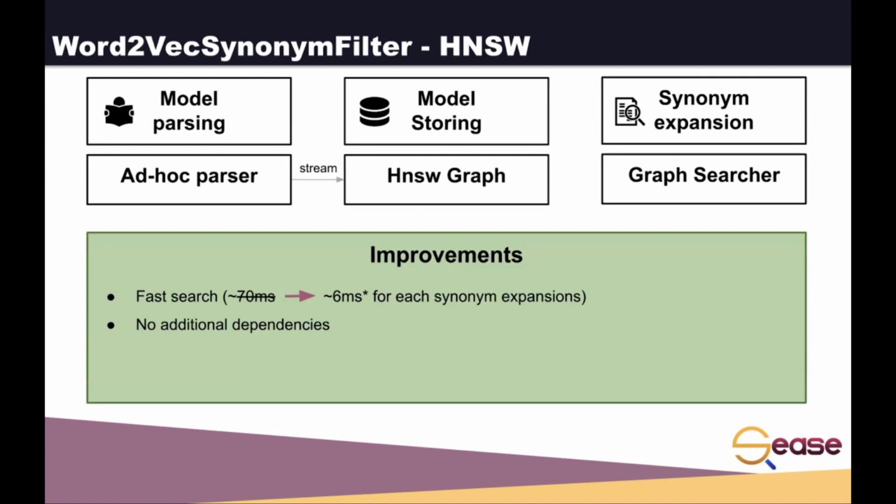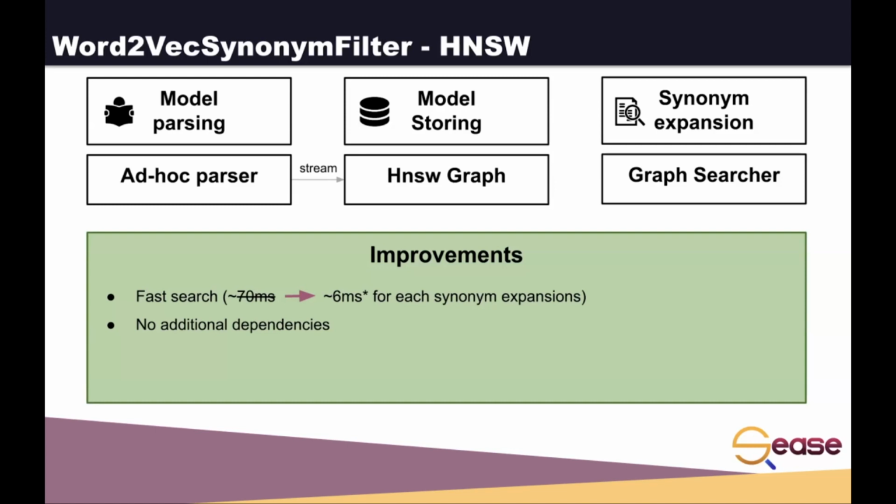So what did we do about our problems? For model parsing, we implemented a parser for that Lucene file that we saw before. For model storing, we use the class already implemented in Lucene, the HNSW graph. For synonym expansion, we use the HNSW graph searcher implemented in Lucene that allows you to navigate the HNSW graph.